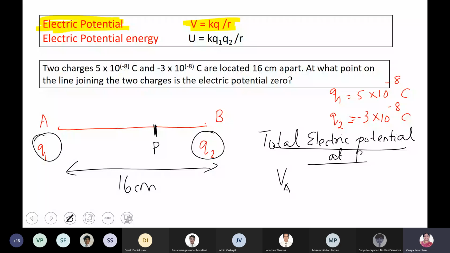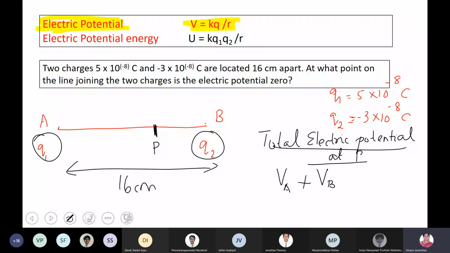Is that clear? So at point P you have two electric potentials, one due to the charge Q1, the other due to the charge Q2. VA is the one produced by Q1 at point P. You have VA plus VB, and that must be equal to 0.